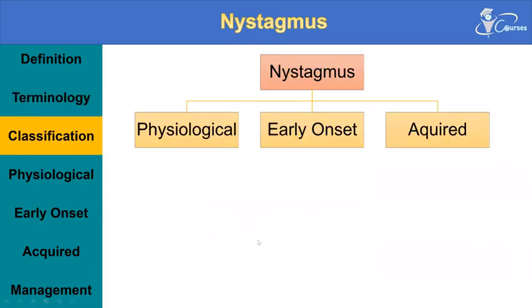So what is the classification of nystagmus? We can classify nystagmus according to the pathogenesis and onset into physiological, early onset, and acquired nystagmus. So what are the different types of physiological nystagmus?